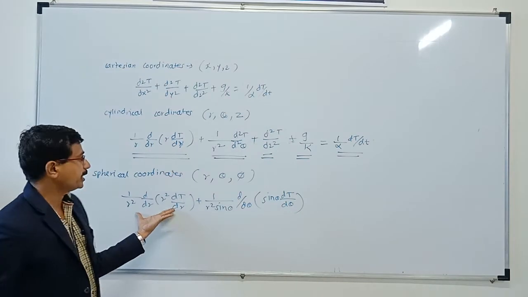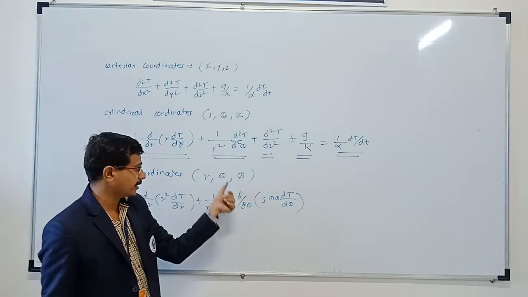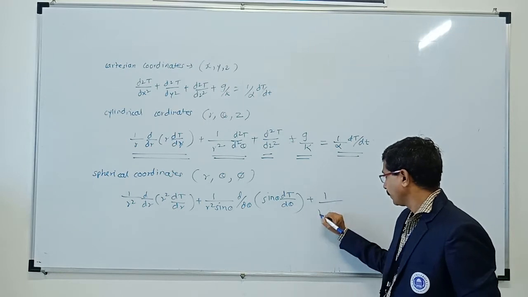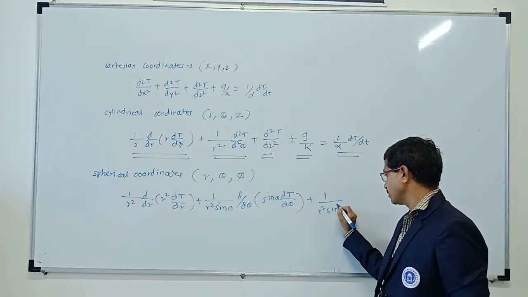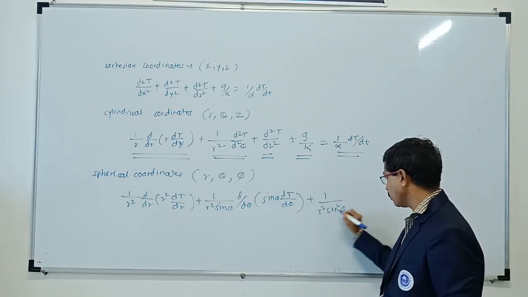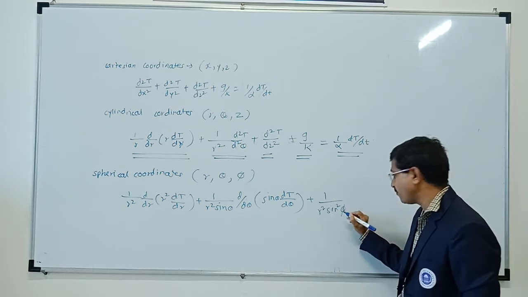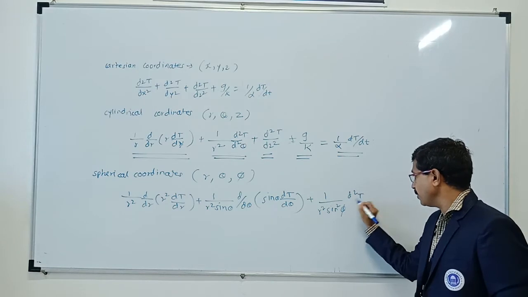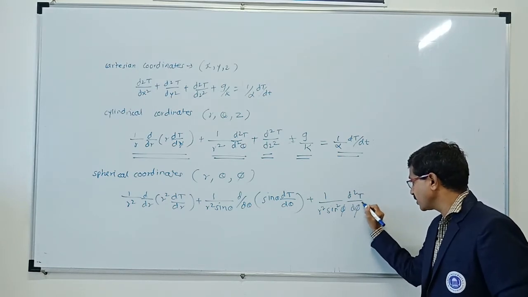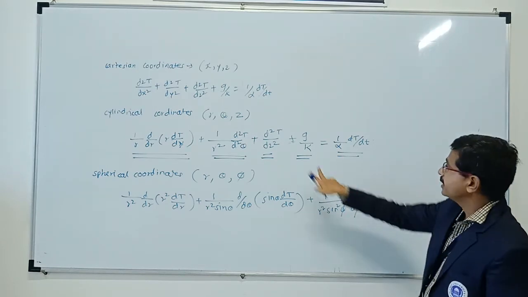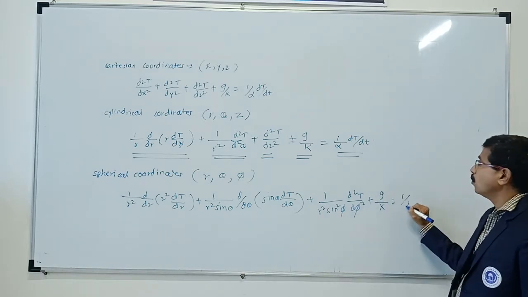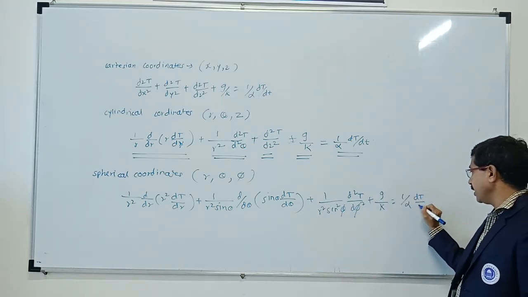This is the first coordinate r, this is the second coordinate theta, and another coordinate remaining is 1 by r square sin square theta d square T by d phi square, because I am writing for the third coordinate, plus heat generation g by k equal to 1 by alpha dT by dt.